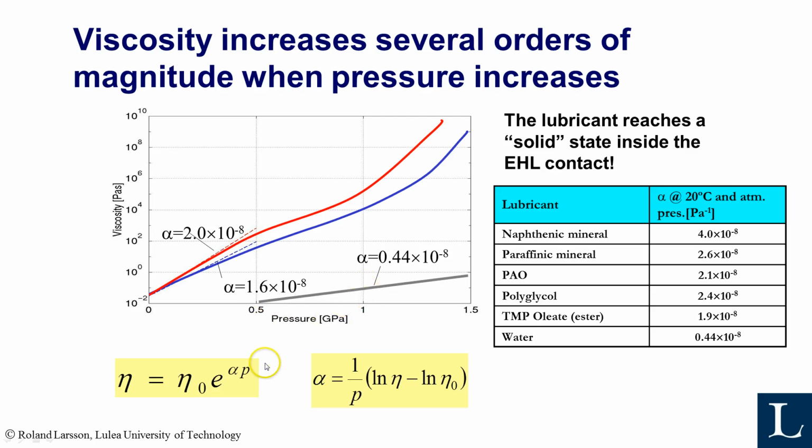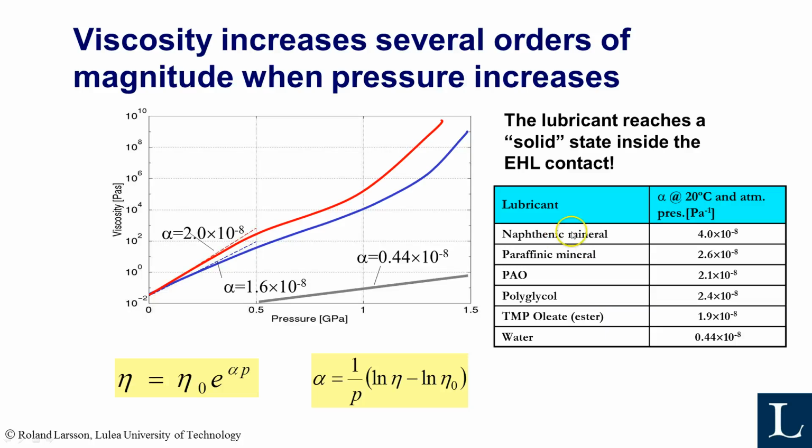And even if it's not a perfect model, we normally use this relationship to describe the relationship between the viscosity at a certain pressure and the pressure itself. At least at low pressures this is an exponential function, and the alpha constant here is a good material constant to describe the pressure viscosity relationship.